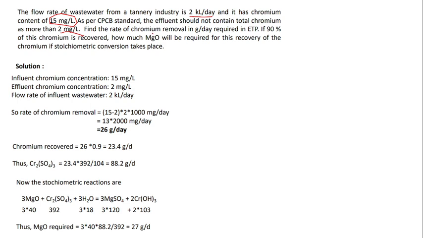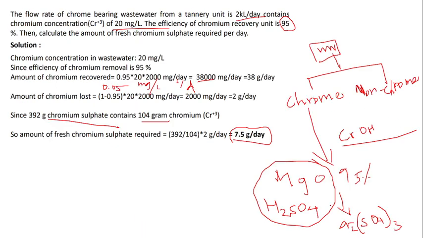Now the rate of chromium removal in gram per day required in the ETP is to be found. That is the first question. If 90% of this chromium is recovered, so they are telling that 90% is the recovery percentage, how much amount of MgO is required? As we have discussed, in the recovery of chromium, we are using MgO and sulfuric acid.